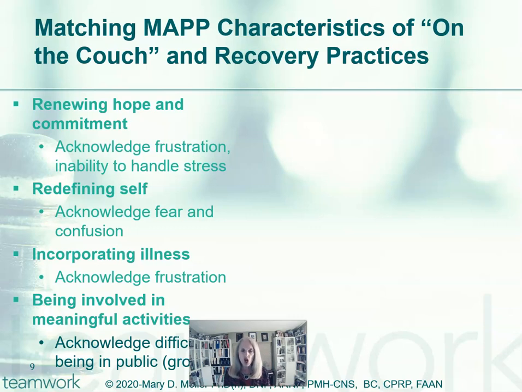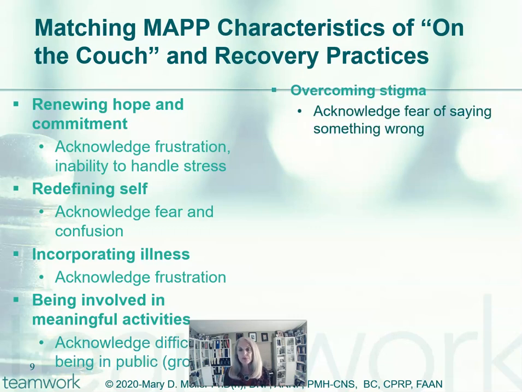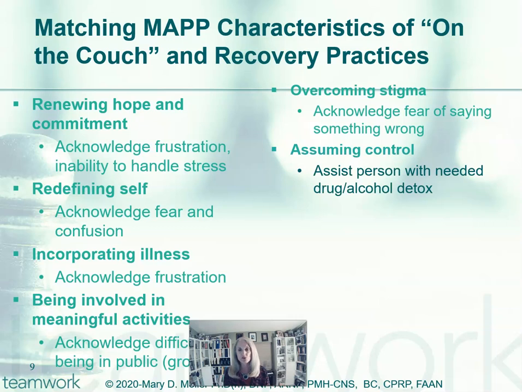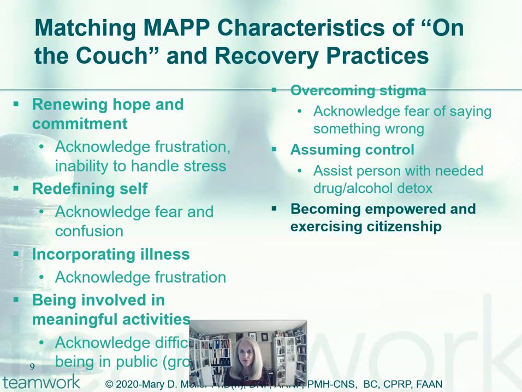Well, we need to acknowledge the difficulty being in public and the difficulty doing group work. Overcoming stigma is acknowledging their fear of saying something wrong. Assuming control recovery practice is assisting this person, if needed, to get into drug and alcohol detox once they're stable.